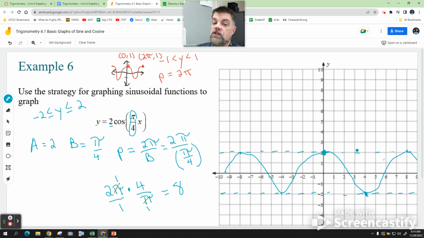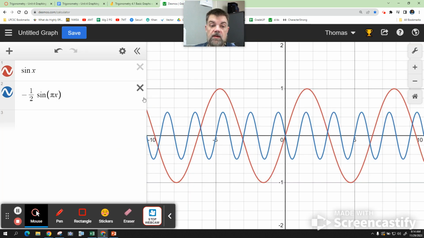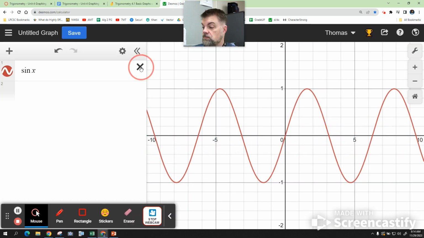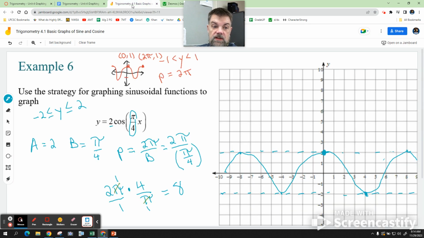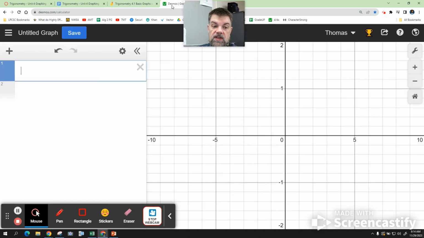How do I know for sure if I'm right? Graph it. So I'm going to come in here, and I'm going to type in, what was that again? It was 2 cosine pi over 4.